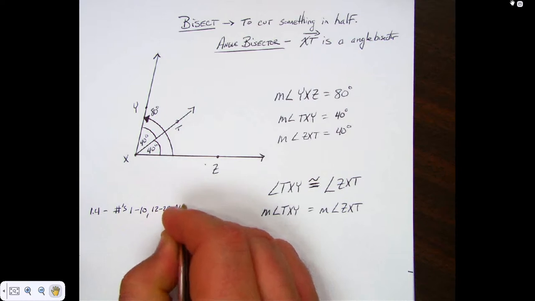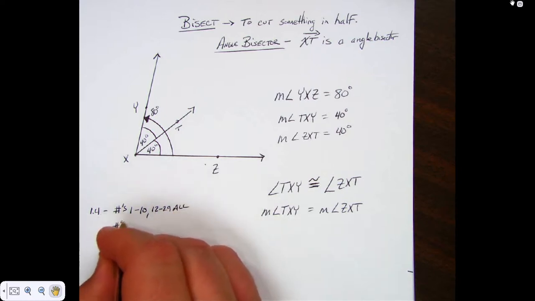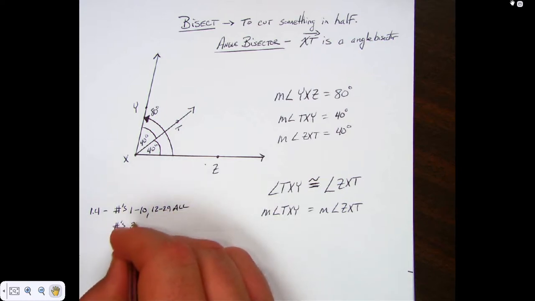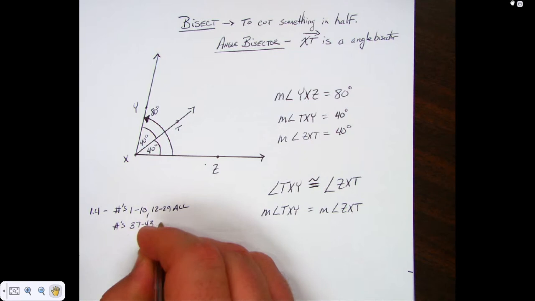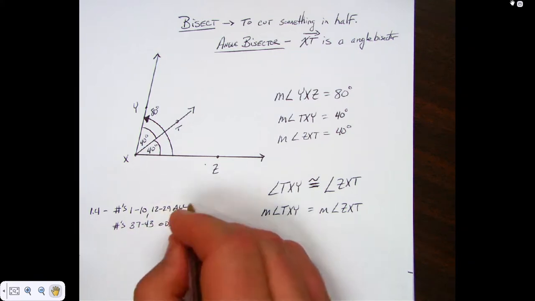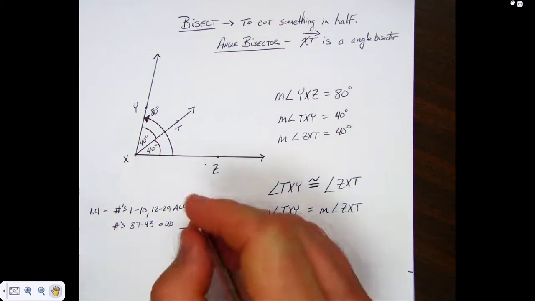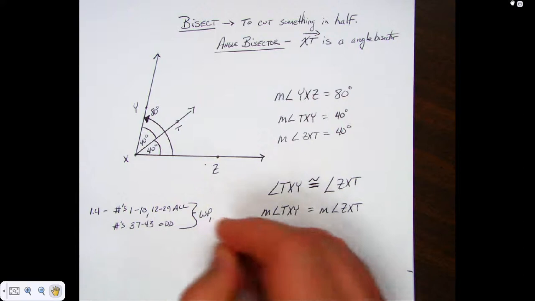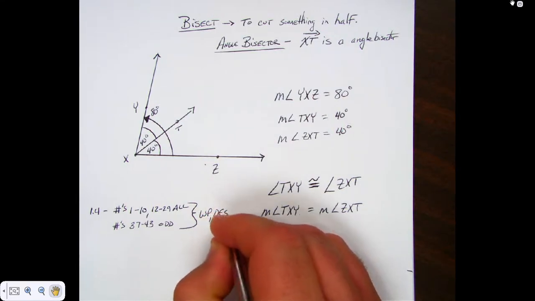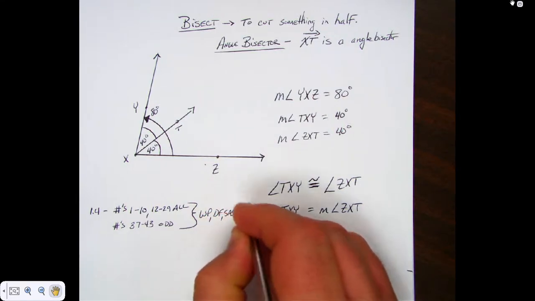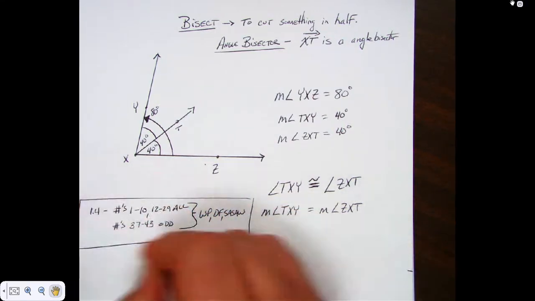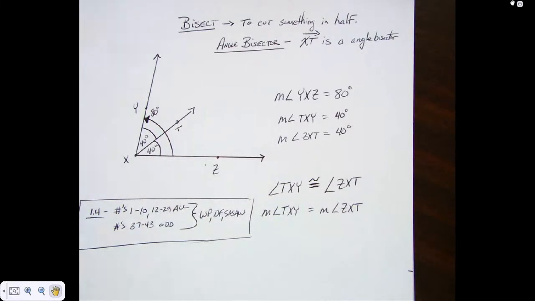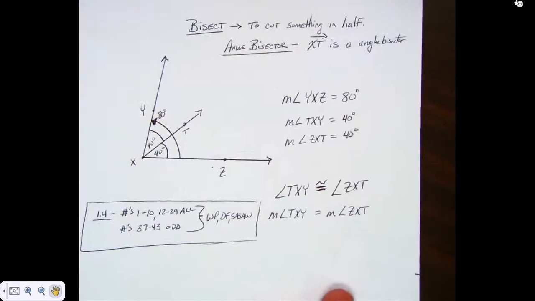But we're also going to do numbers 37 through 43, but we're just going to do the odd ones there. But in both cases, we're going to write problems, draw figures, show all steps, and work. Okay?